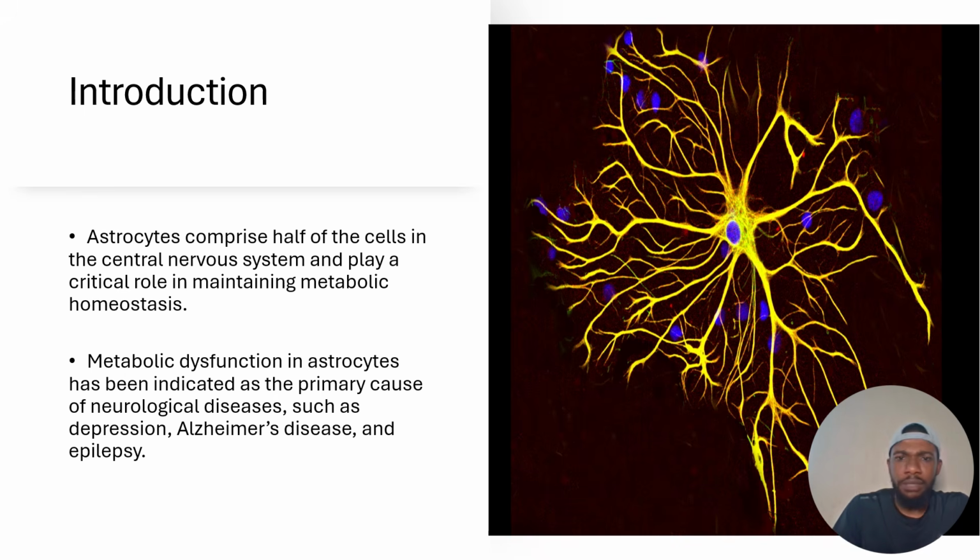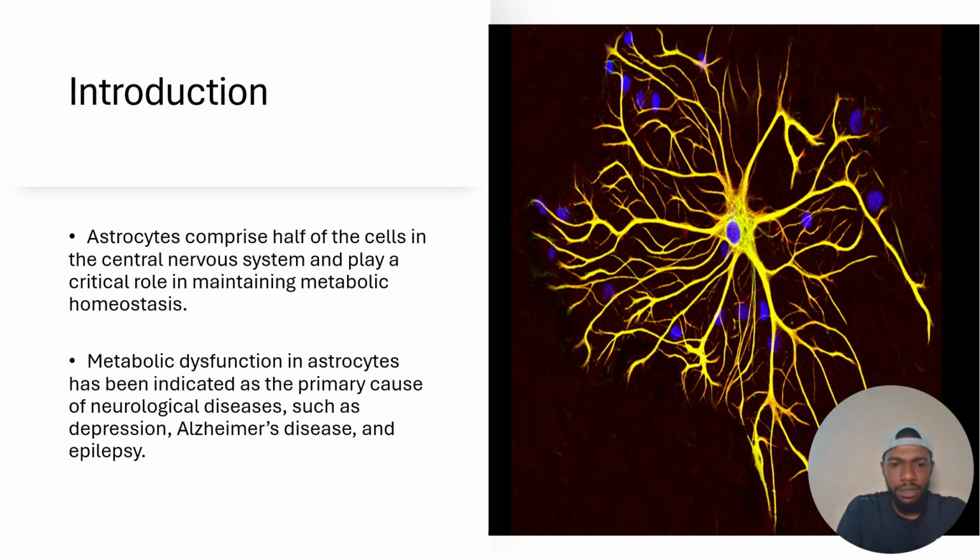We can also find metabolic dysfunction in astrocytes, and it has been indicated as a primary cause of neurological diseases such as depression, Alzheimer's disease, and also epilepsy. Metabolism in astrocytes has also exhibited a significant influence on neuron functionality and the brain's neural network.